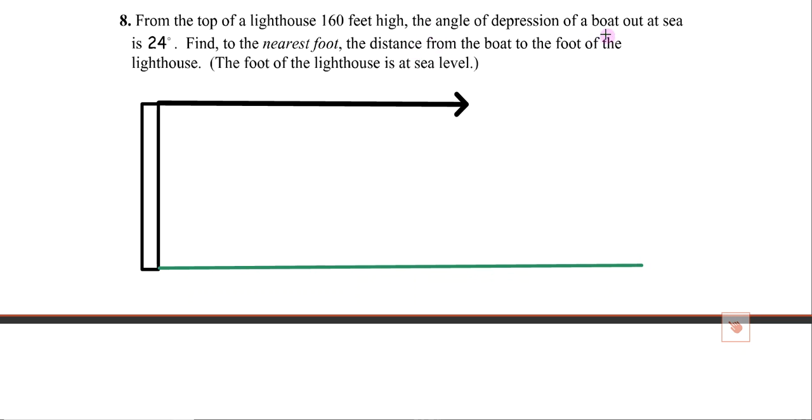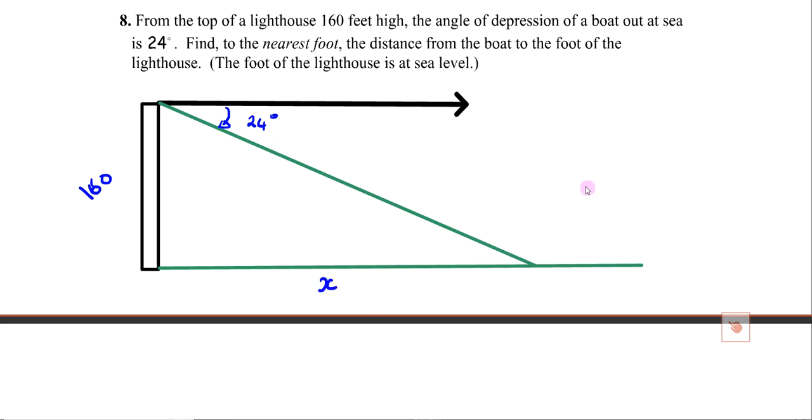It says the angle of depression of a boat out at sea. So we start looking out, and then we look down the 24 degrees. So the actual angle is that one at 24 degrees. It says the lighthouse is 160 foot. That angle is 24. Find the nearest foot, the distance.